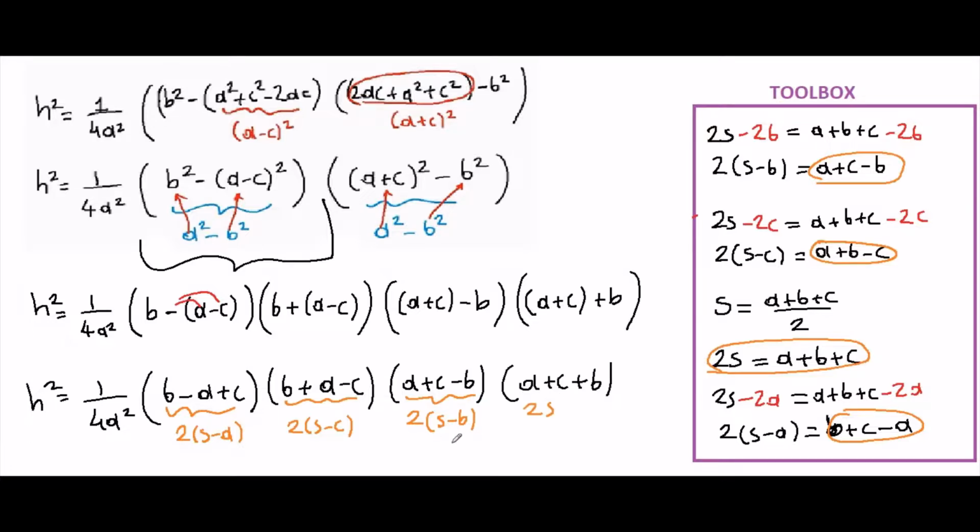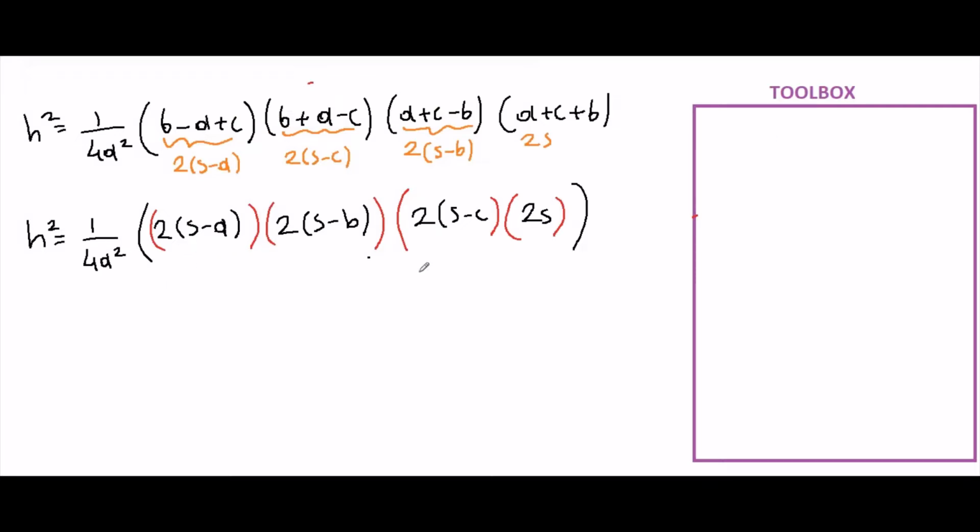Now let's rewrite everything in terms of s. Now we obtained this expression, and we can simplify further. 2 times 2 is 4, which cancels this 4. So we obtain h squared is equal to 4 above, and a squared in the denominator, times (s minus a)(s minus b)(s minus c).